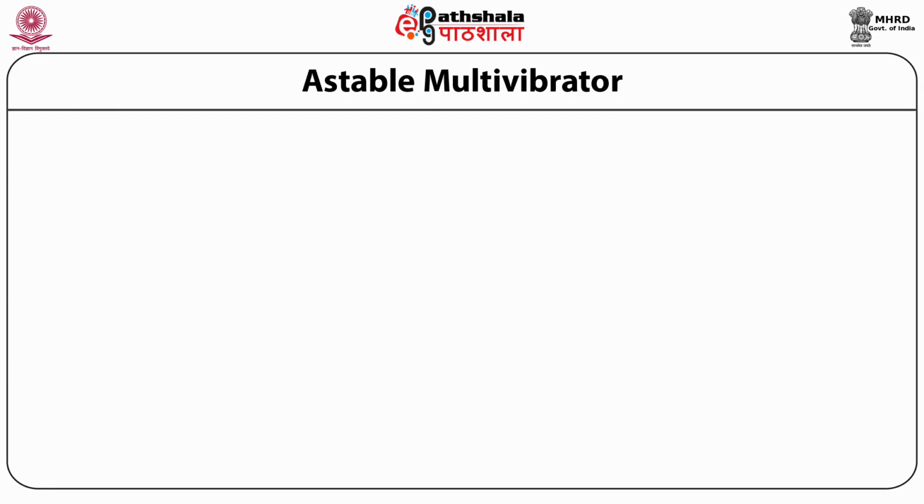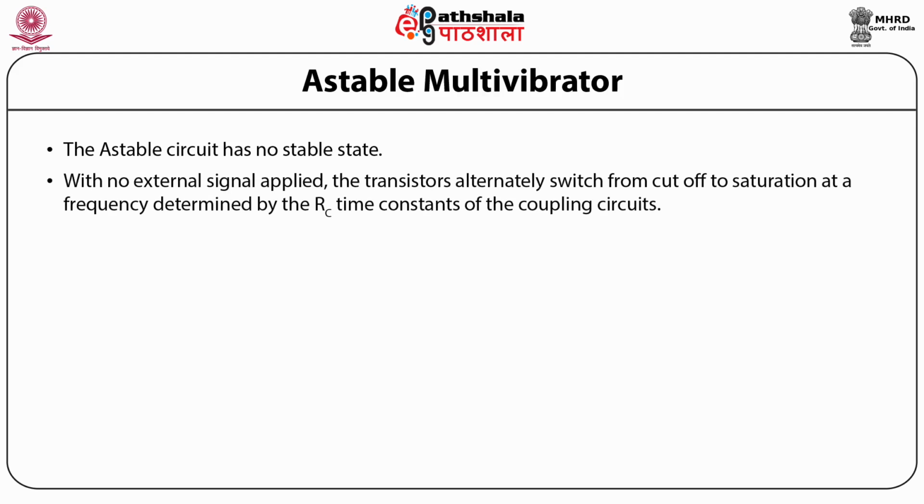Let us now discuss the first kind of multivibrator, the astable multivibrator. The astable circuit has no stable state. With no external signal applied, the transistors alternately switch from cutoff to saturation at a frequency determined by the RC time constants of the coupling circuits.